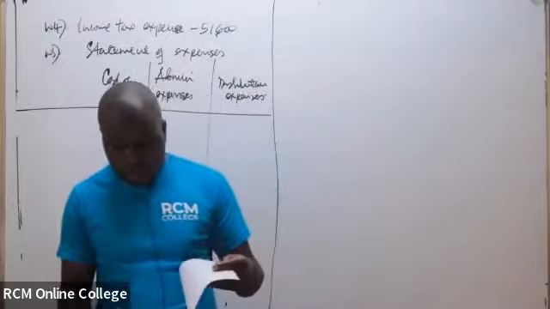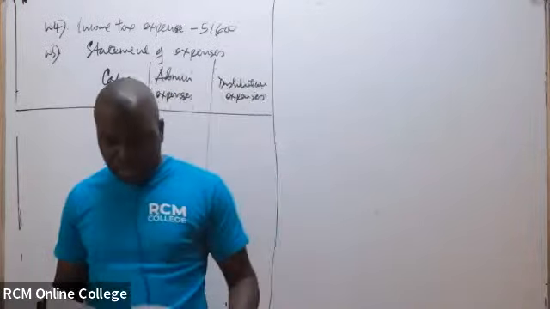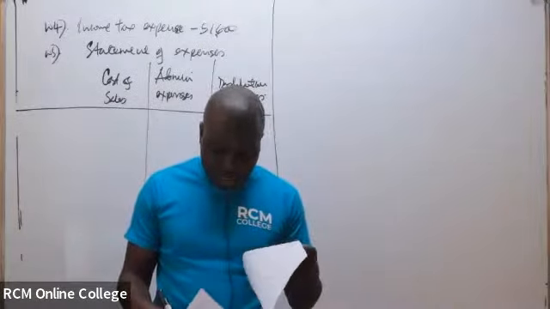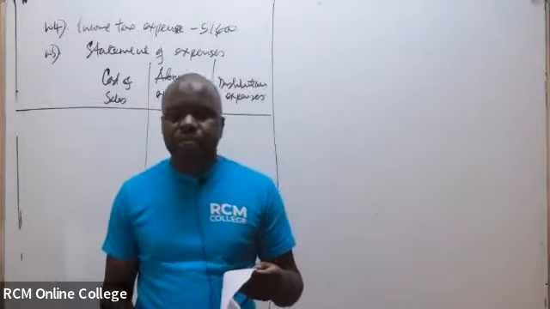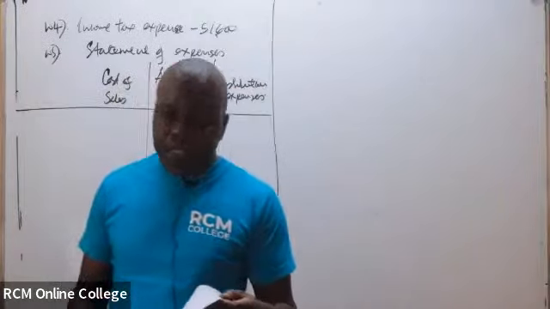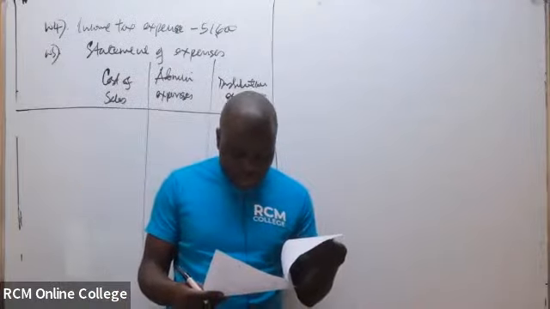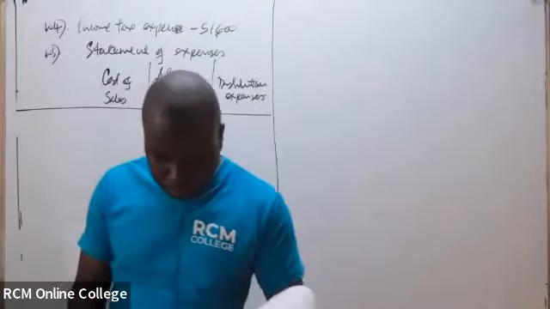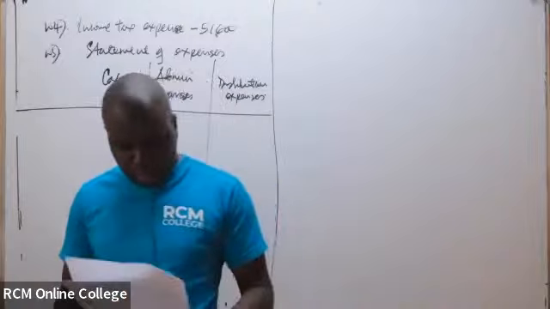Then for the cost of sales, you can compute it, if you've been given the opening stock, purchases, then you less the closing stock or closing inventory. So we can look at what could be our cost of sales.